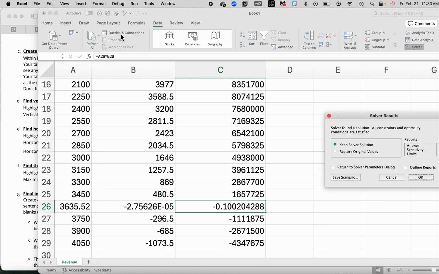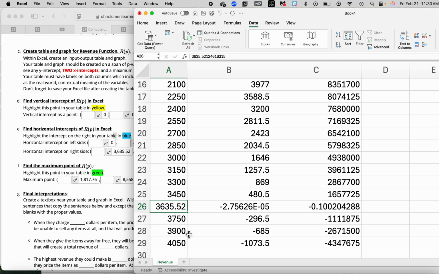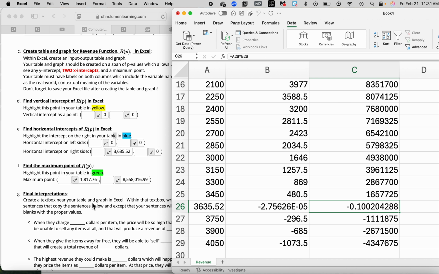So here I would say when I price my item at $3,635, I have 0 revenue. And that is my horizontal intercept on the right-hand side, 3635.52.